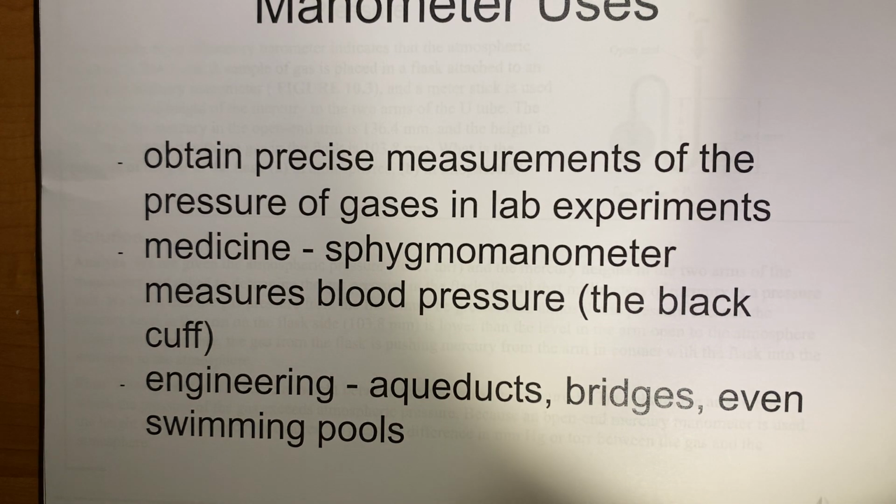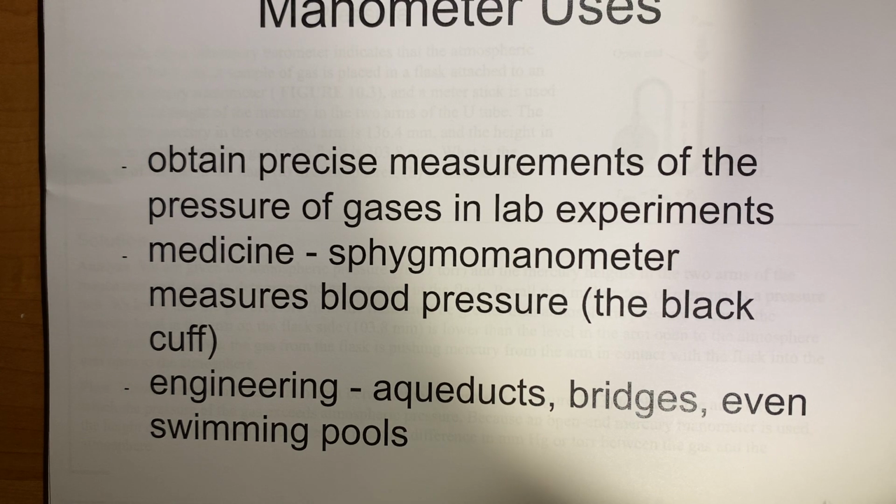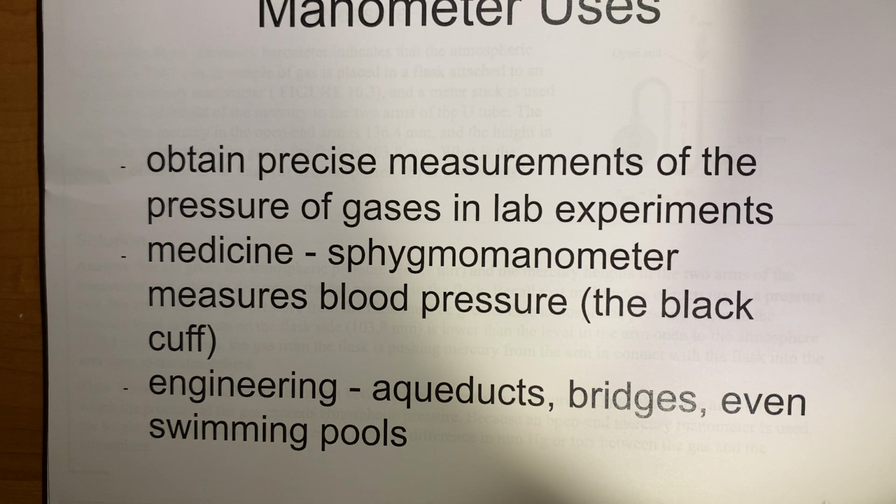Now, as I said, manometers have quite a variety of uses for various occupations here. Manometers are used to obtain precise measurements of the pressure of gases in lab experiments. In medicine, a sphygmomanometer measures blood pressure.